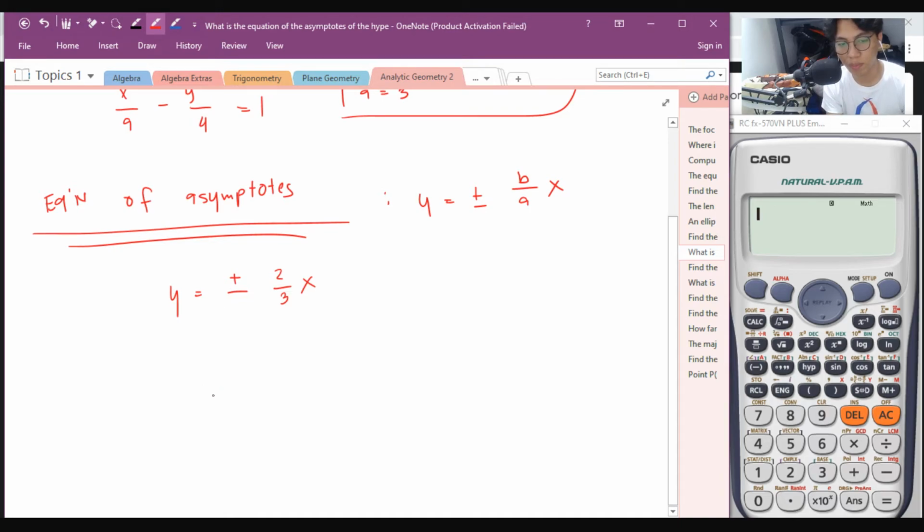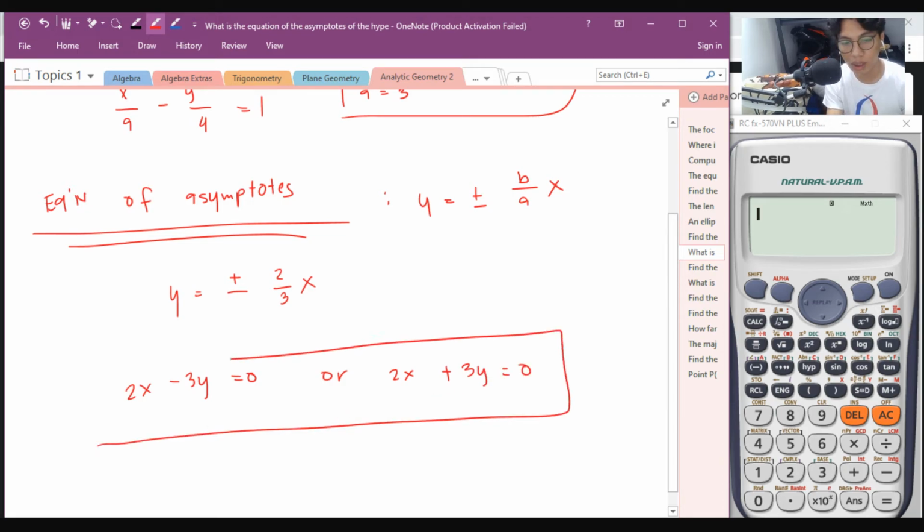So, cross multiply ko. So, this will become 2x minus 3y equal to 0, or 2x plus 3y equal to 0. These are the equations of the asymptotes for problem number 9.